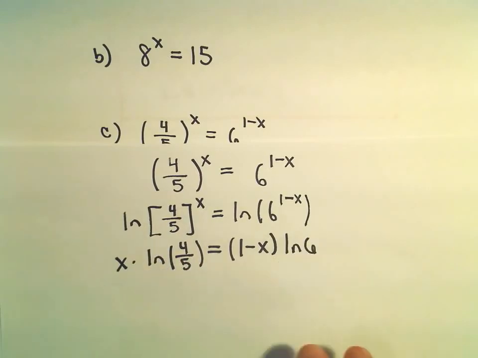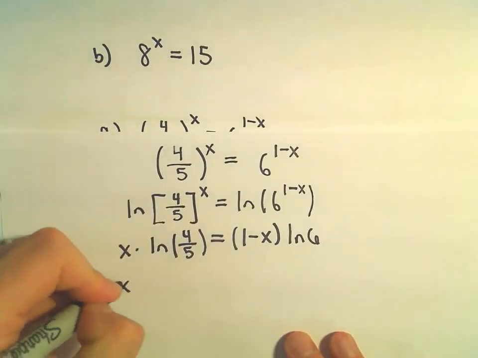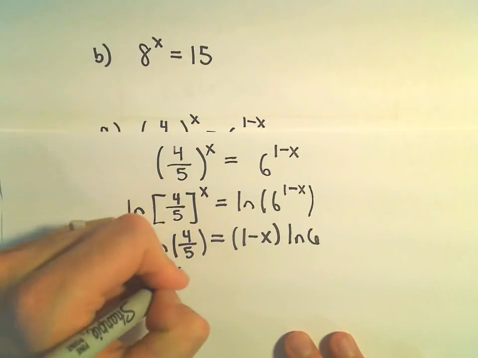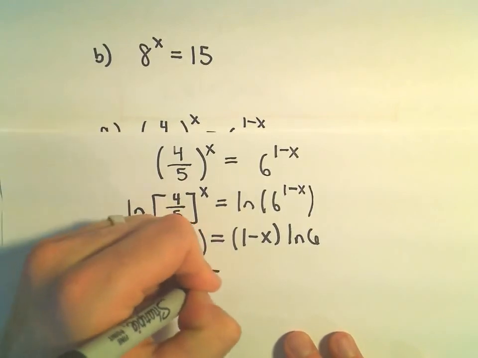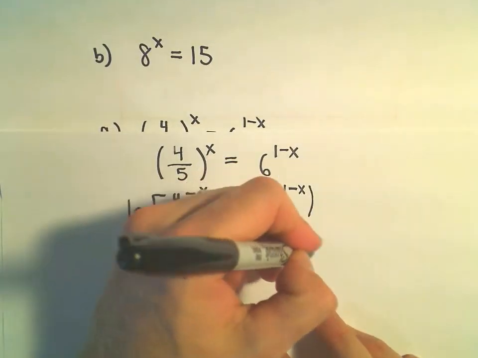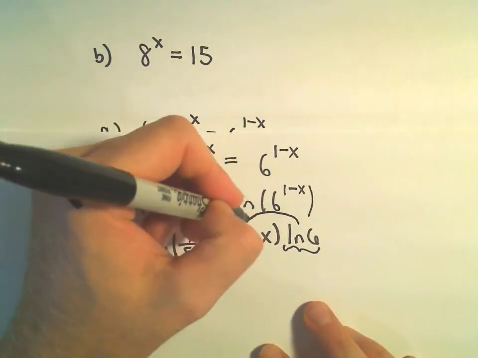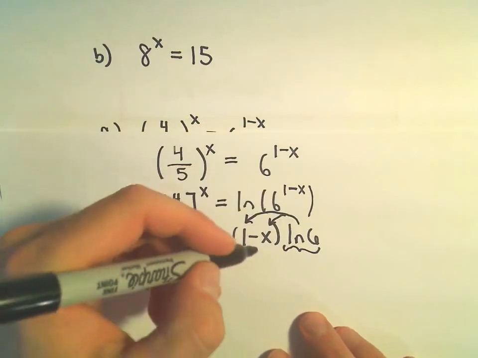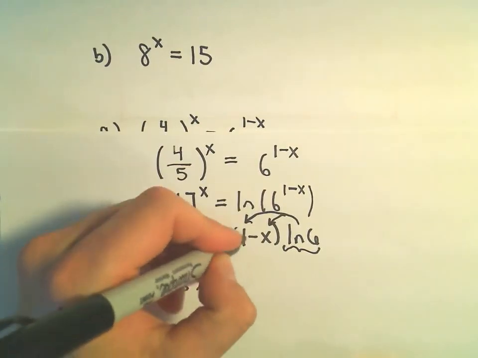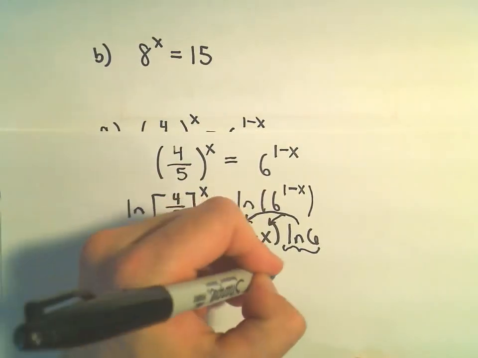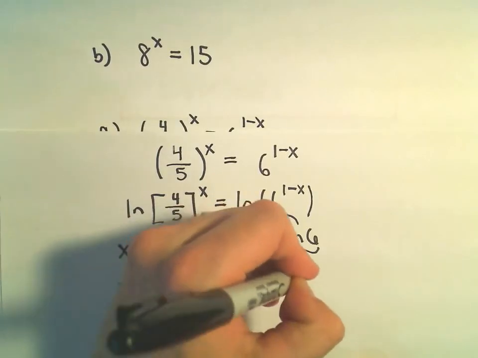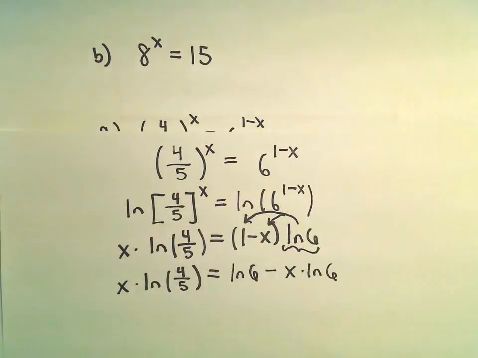It's just a number. What I do is I get rid of all the parentheses. So on the right side, ln of 6, again, is just a number. You could pretend it's sitting out front. And in either case, we have to distribute it to both things inside the parentheses. So ln of 6 times 1 is just ln of 6, then we'll get minus x times ln of 6.